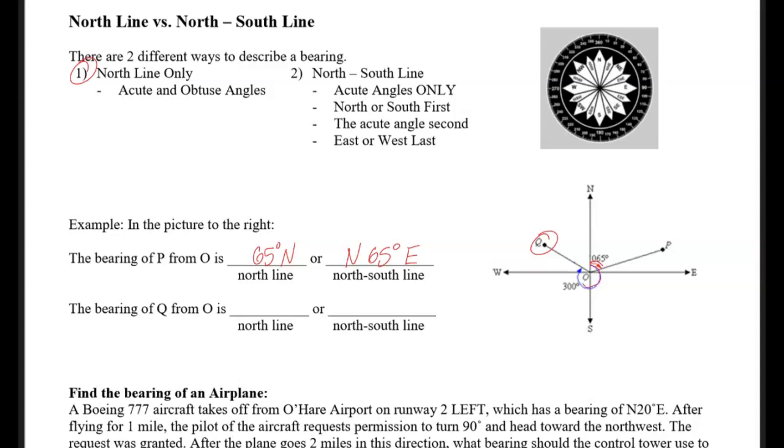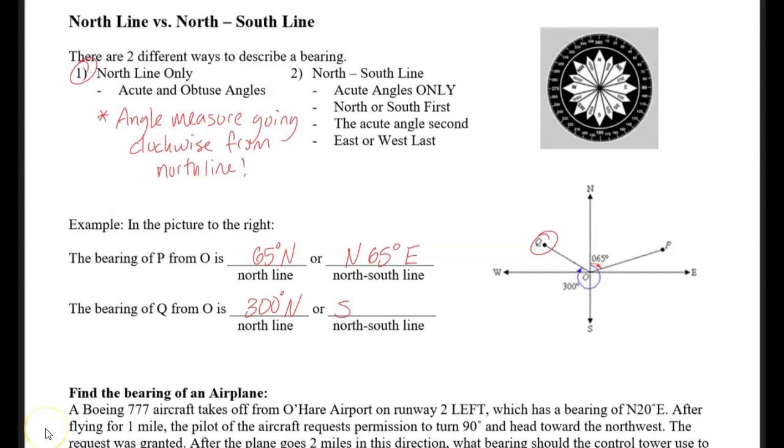From our north line, we go 300 degrees clockwise. So it is 300 degrees away from our north line, going clockwise. I guess we should put that there, huh? Angle measure going clockwise from north line.